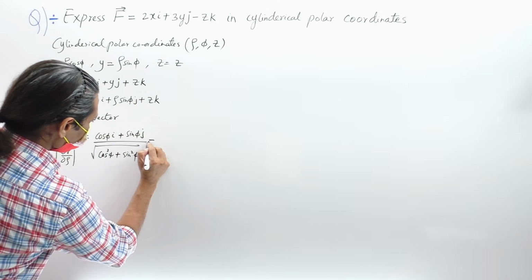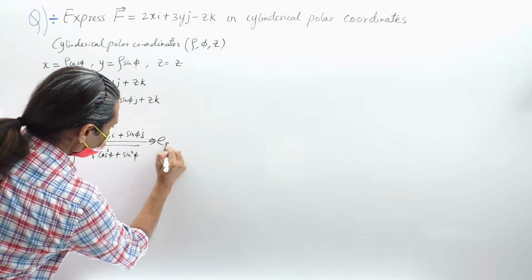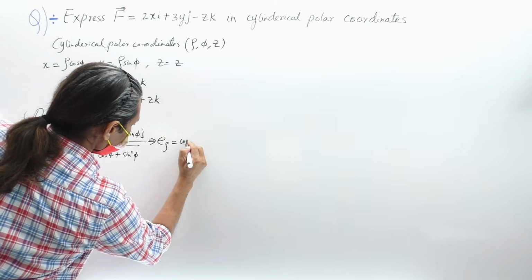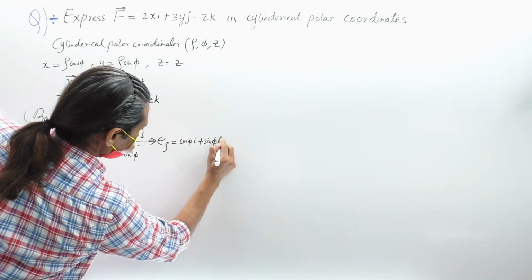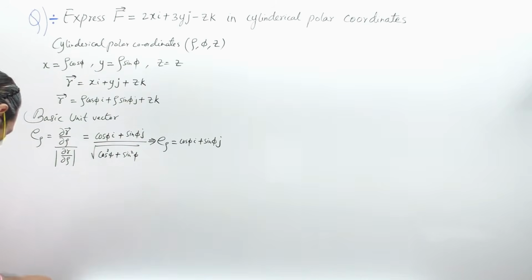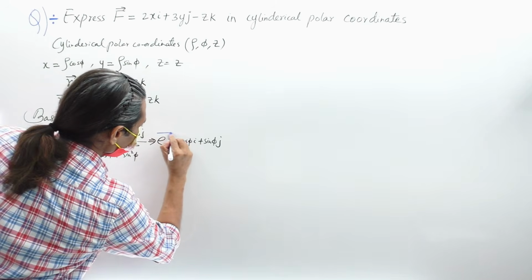So that implies E rho is equal to cos phi into i plus sin phi into j. That's it. And my request is please underline this.